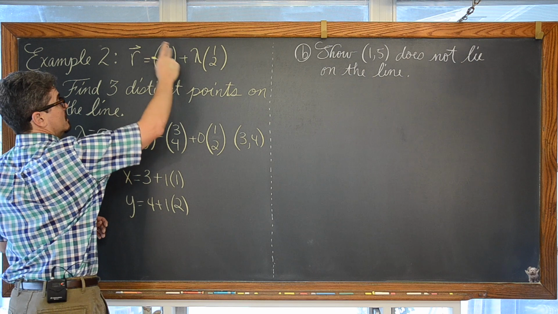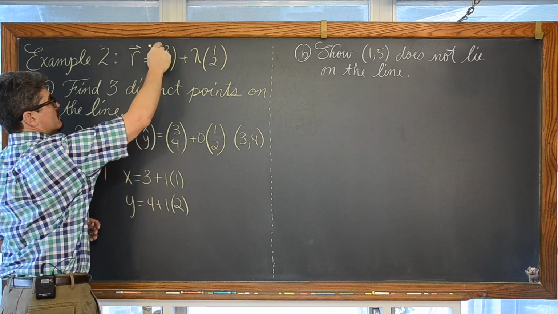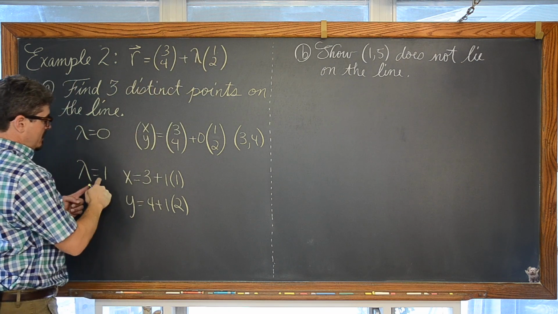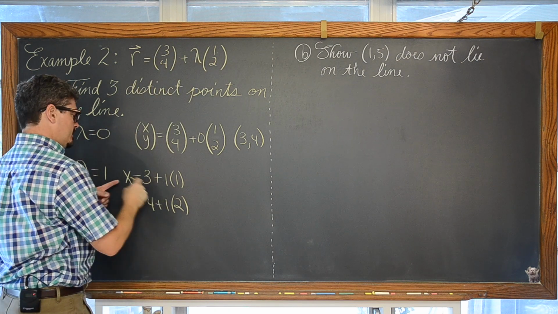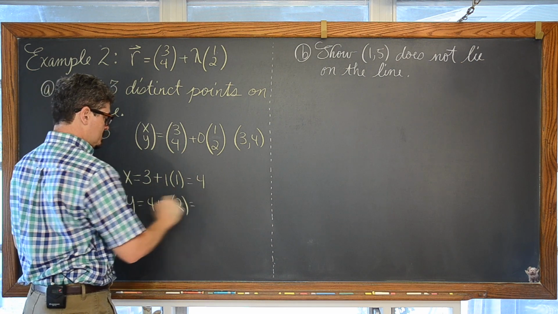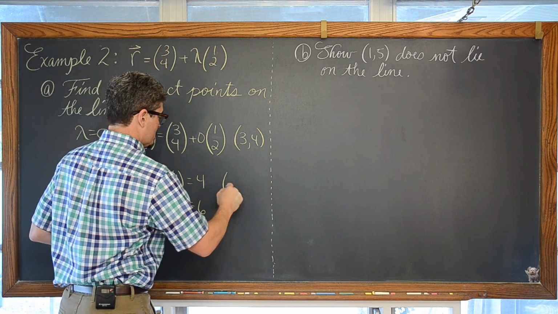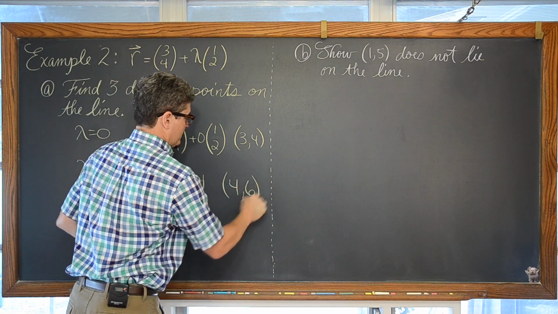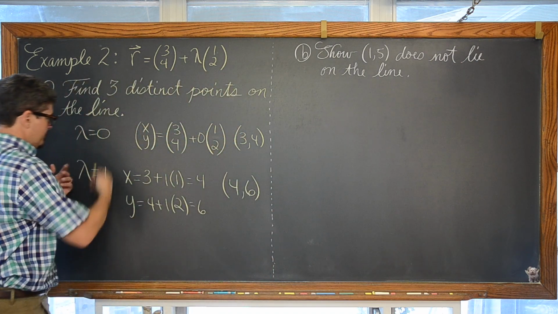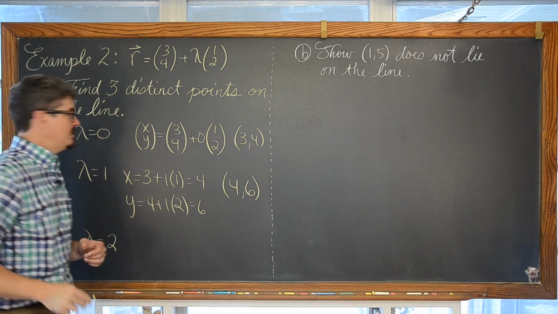I'm just taking this in parametric form, x equals 3 plus lambda 1, y equals 4 plus lambda 2, and letting lambda equal 1. This x coordinate is going to be equal to 4. This y coordinate is going to be equal to 4 plus 2, which is 6, and so another coordinate. I just said we needed to come up with 3 distinct points, not specifically for these lambdas, but you can come up with any ones you want, but why not pick the convenient ones?